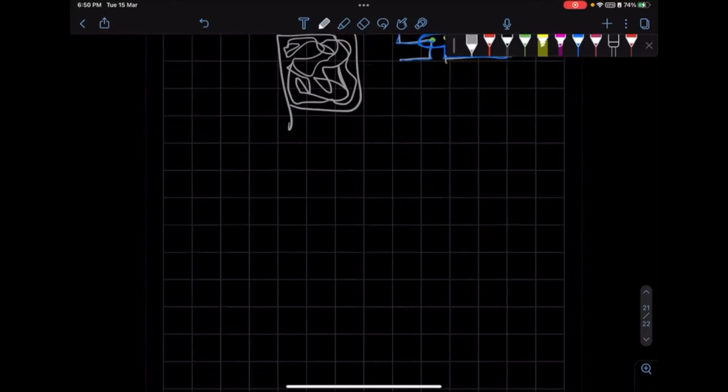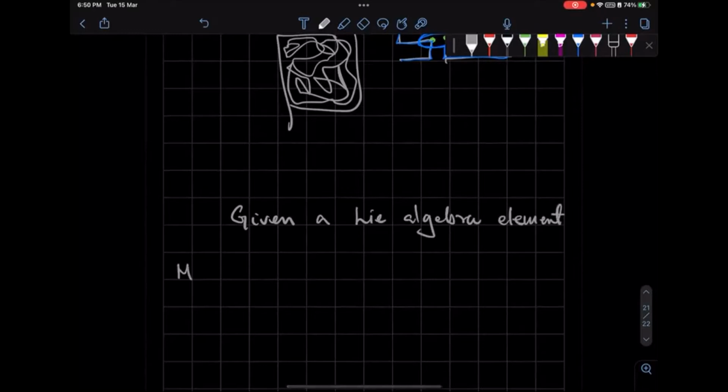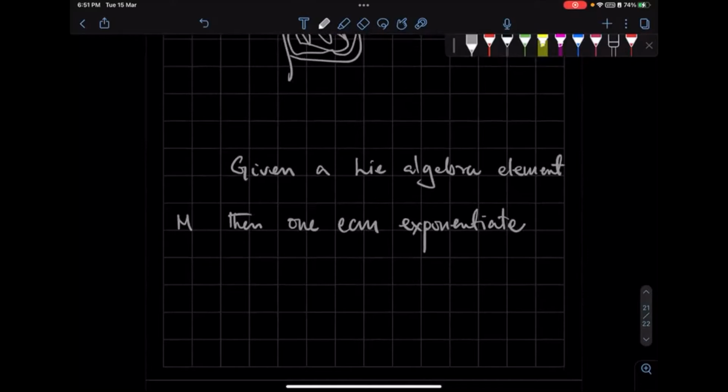So let me talk about the exponential map. So now suppose we are given a Lie algebra element M, then one can exponentiate M to generate a finite element e to the power i alpha M, for some finite number alpha.